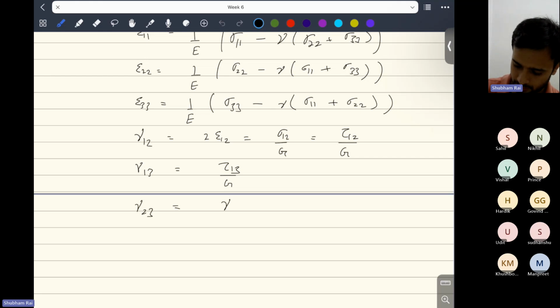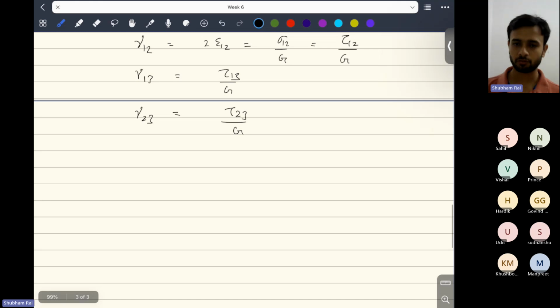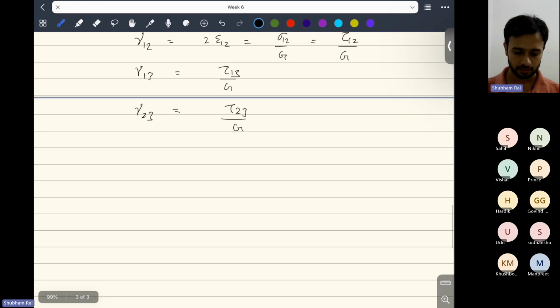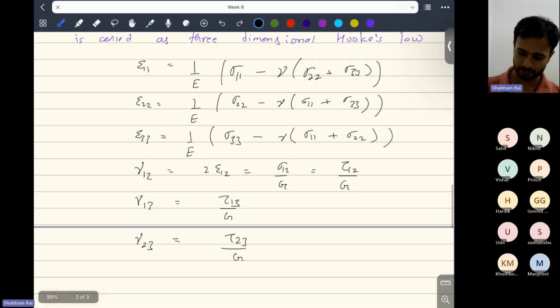So these are the strains expressed in terms of stresses.